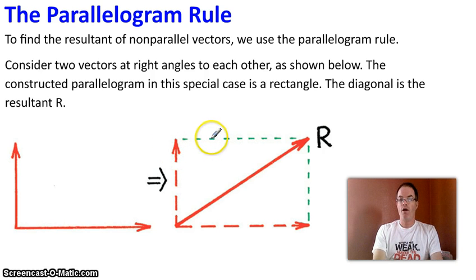We draw in these lines here and here, which are parallel to the vectors that we were given, namely this upwards vector and this vector pointing to the right. The diagonal of this parallelogram, which in this case is a rectangle, is what we call our resultant vector.